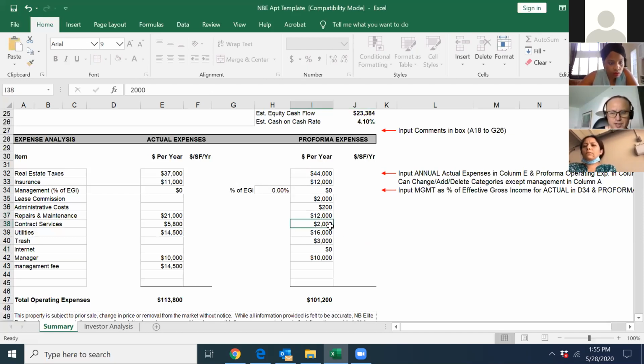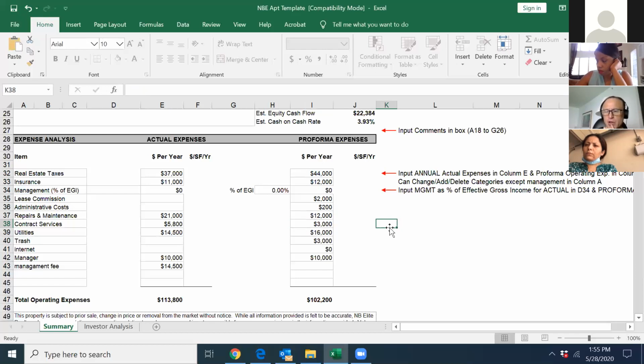Contract services. This is for cutting the grass, power washing, washing your AC coils once a year, extermination. You understand? For this complex with 20 units, I would say on average about $3,000 a year.